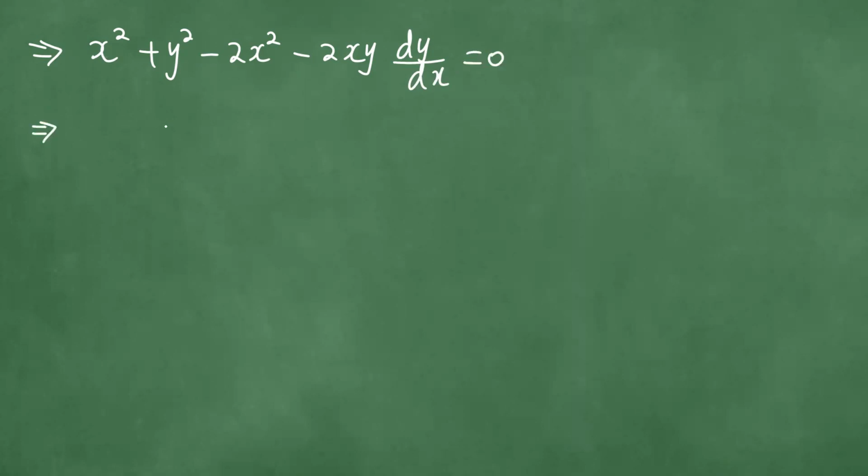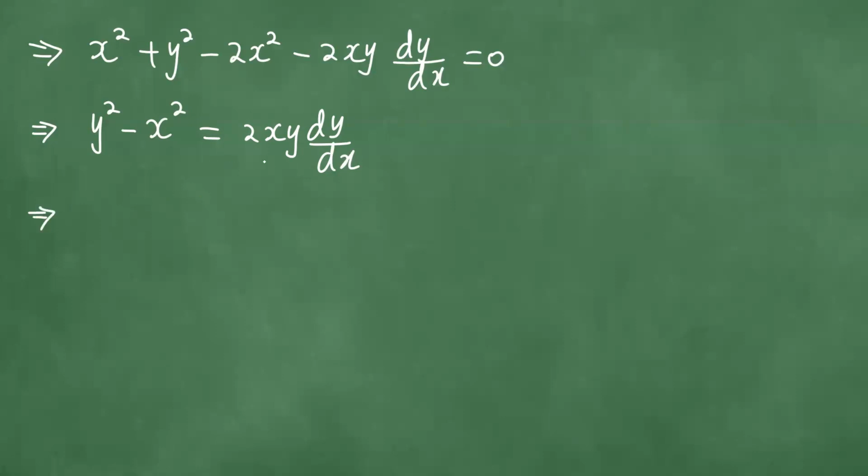X squared minus 2x squared is minus x squared, so y squared minus x squared equals 2xy dy/dx.